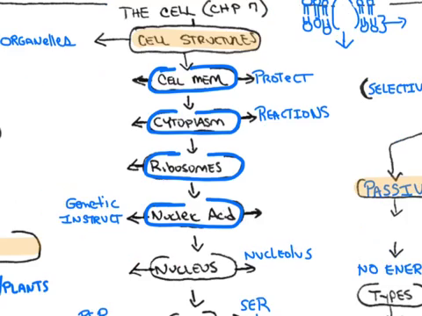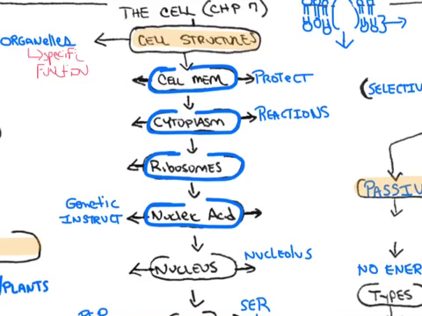Let's now cover the cell structure and certain organelles. Remember, organelles are tiny structures that have a specific function inside of a cell. Remember that prokaryotes do not have membrane-bound organelles. This is unique to eukaryotic cells.